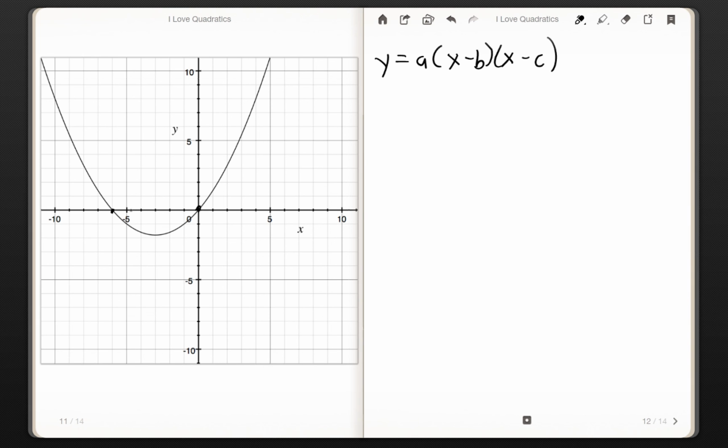The roots here being 0 and -6. So y equals a times, for -6, x minus -6 is x plus 6. And now x minus 0. Well, x minus 0 is just going to be x.